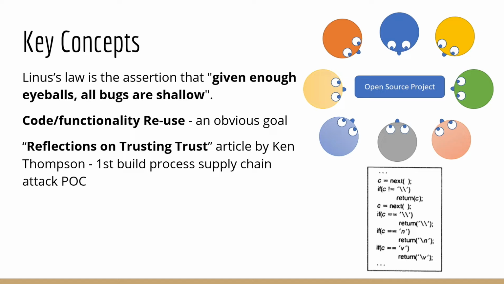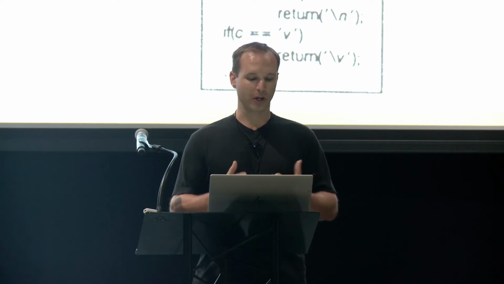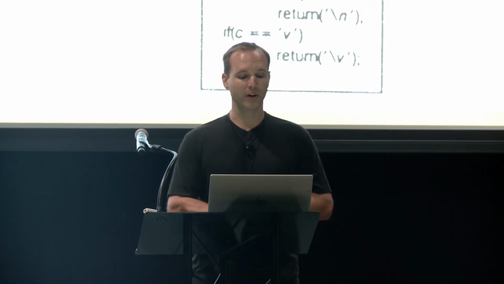This concept also helps make secure code, good quality code, and good security. Obviously, code functioning and reuse is an obvious goal. That's just a key concept in open source and in software development in general.